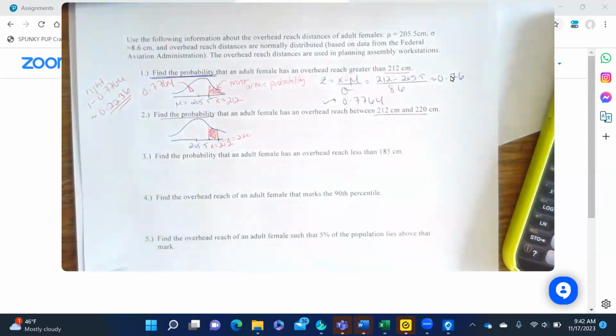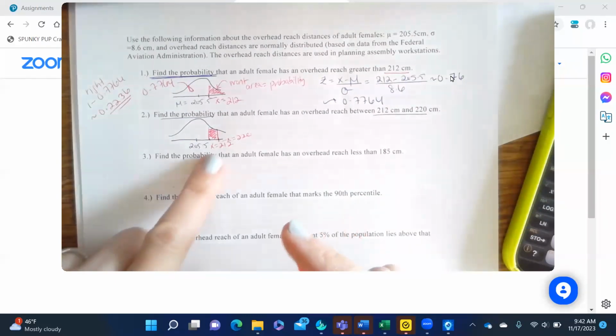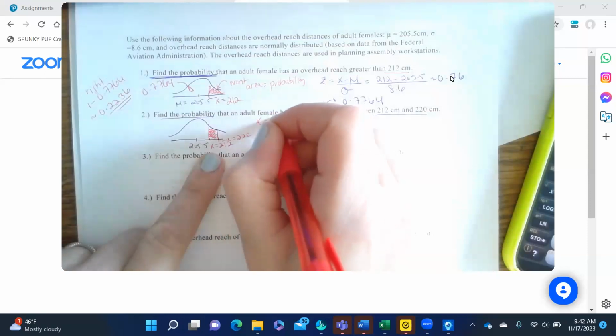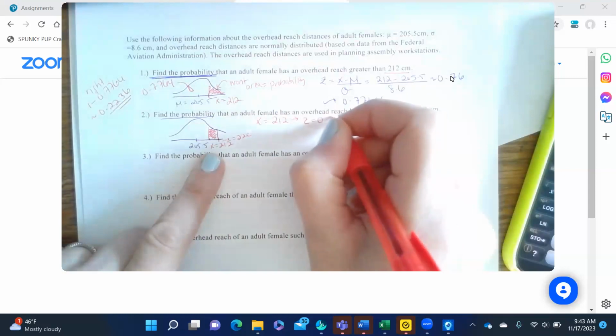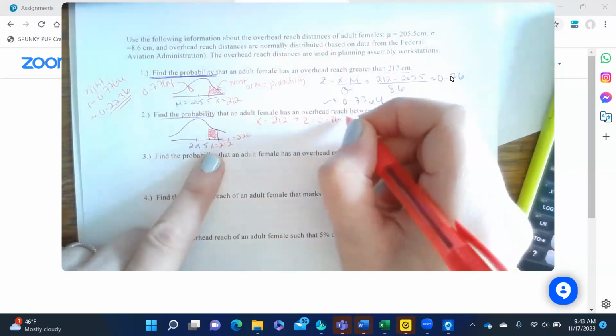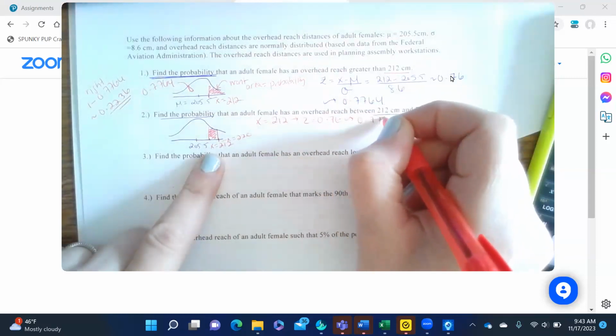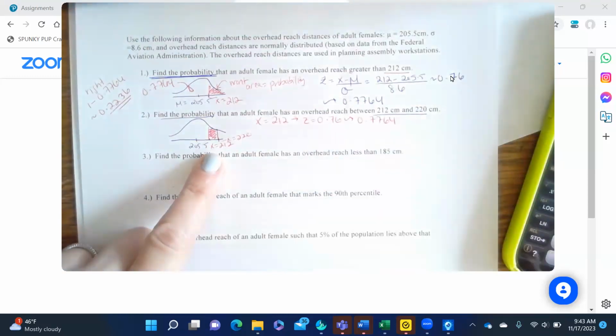So I'm treading in between two values. Again, if I'm using the table, I'm going to have to go to z-scores first. So x equals 212, we did it in the last one, and we got a z-score of 0.76. And we already saw that that probability was 0.7764. So we have that first piece done.